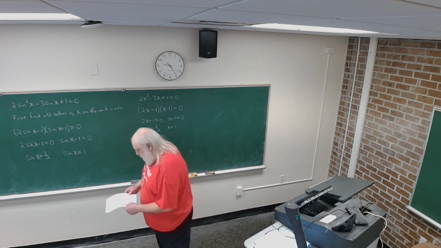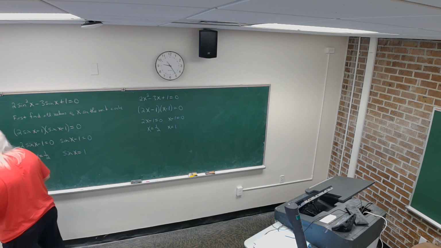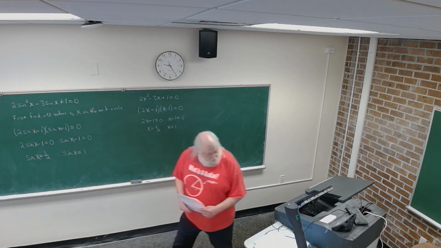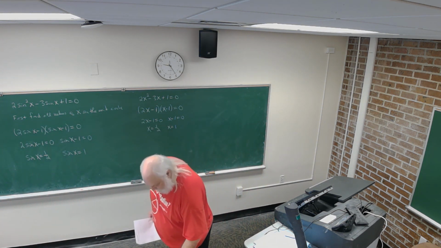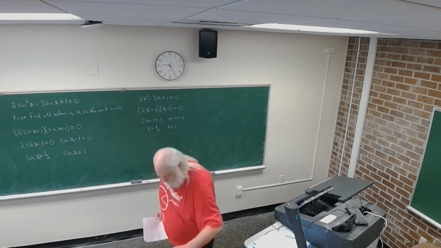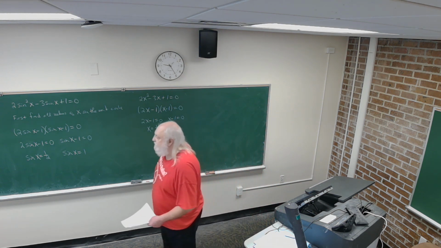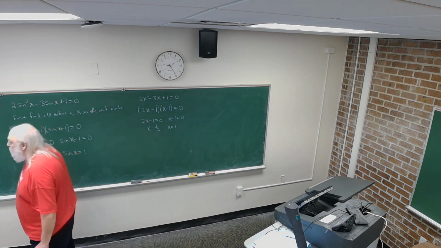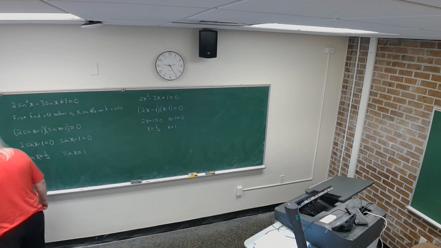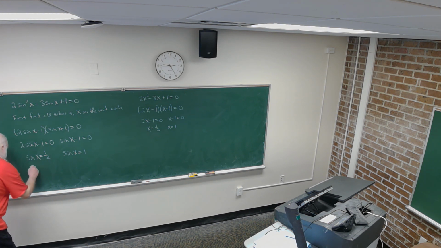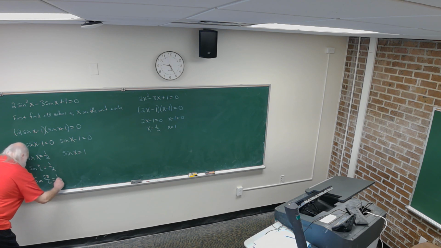So for what angles on the unit circle is the sine of x equal to 1/2? Well, the sine of pi over 6 is equal to 1/2, and the sine of 5 pi over 6 is equal to 1/2.